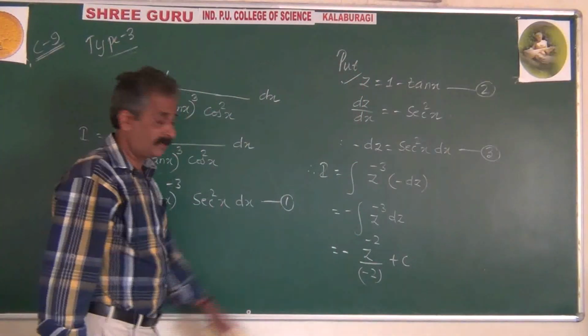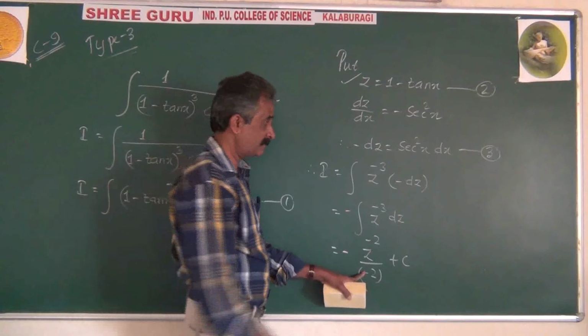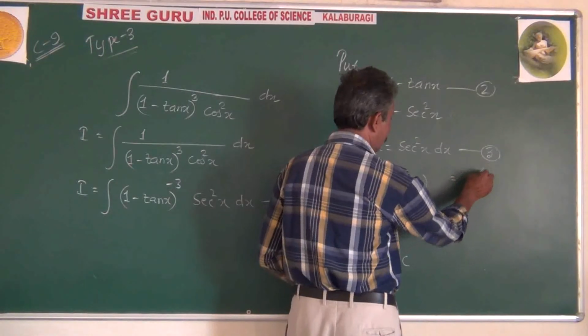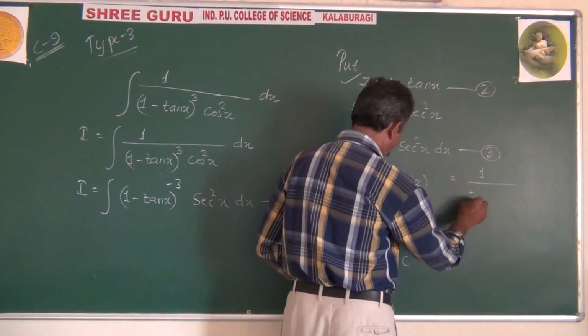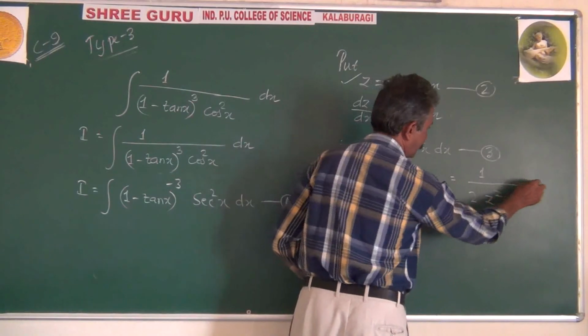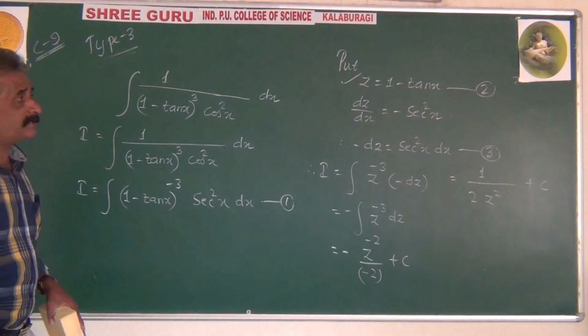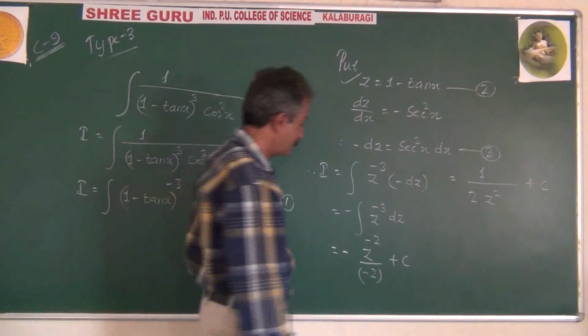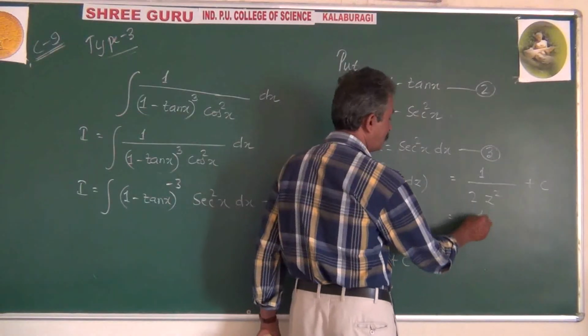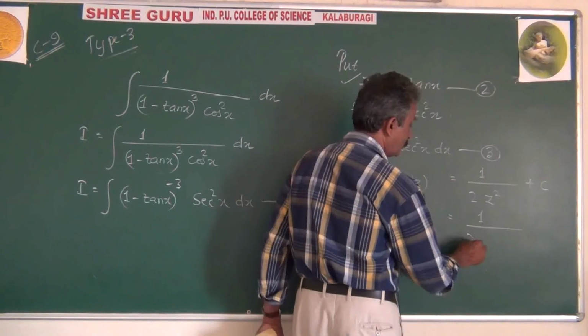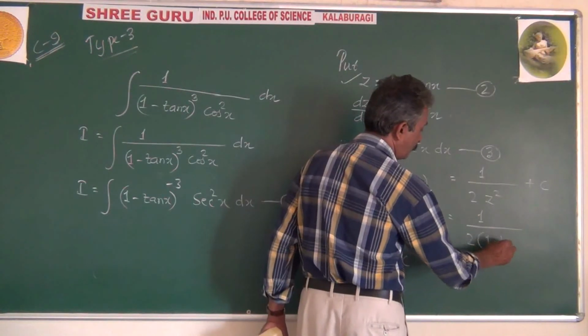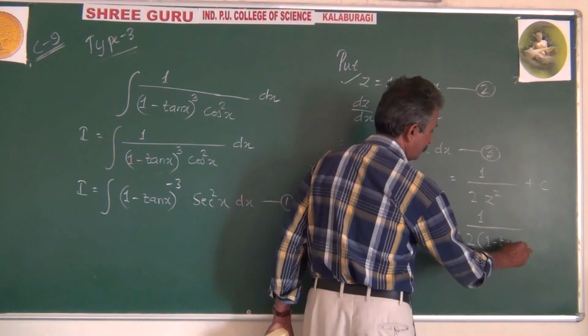At the same time, here minus and minus is plus. So this can be written as 1 divided by 2 z square plus c. Replace back value of z. z is 1 minus tan x. So finally 1 by 2 into (1 minus tan x) whole square plus c.